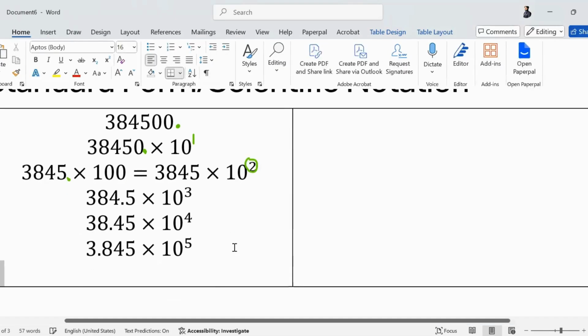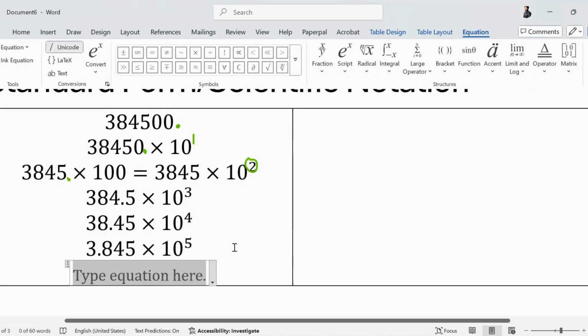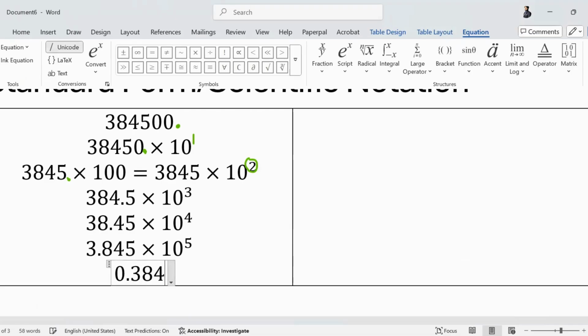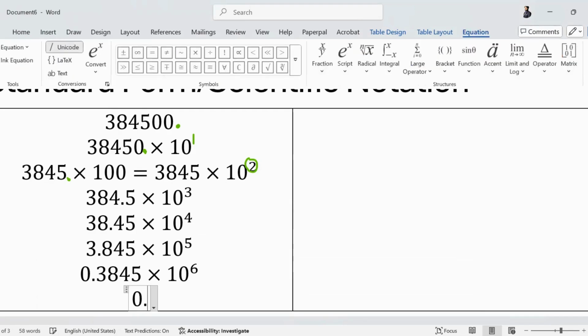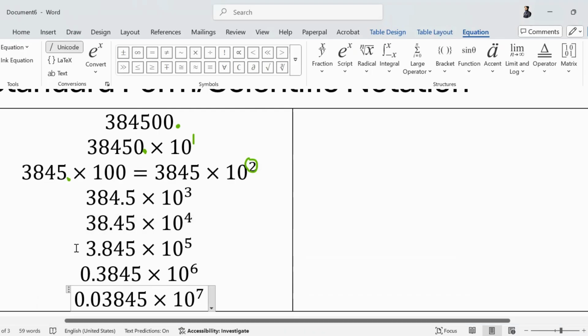Similarly, 0.3845 into 10 to the power 6. Is this right or wrong? All these values are the same. Okay, can anyone read this for me? What is this written? 0.3845 into 10 to the power 6.